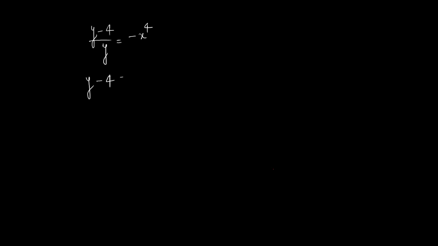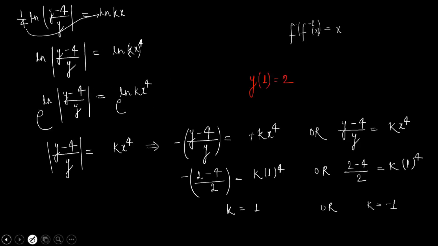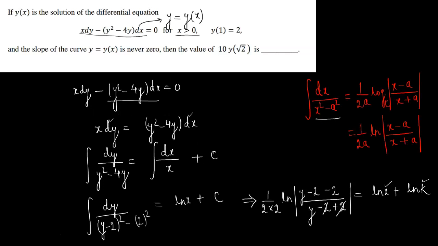Simplifying this equation, y plus x to the power 4 into y minus 4 is equal to 0. Let us verify the statement which is given at the last: the slope of the curve y is equal to y of x is never 0.